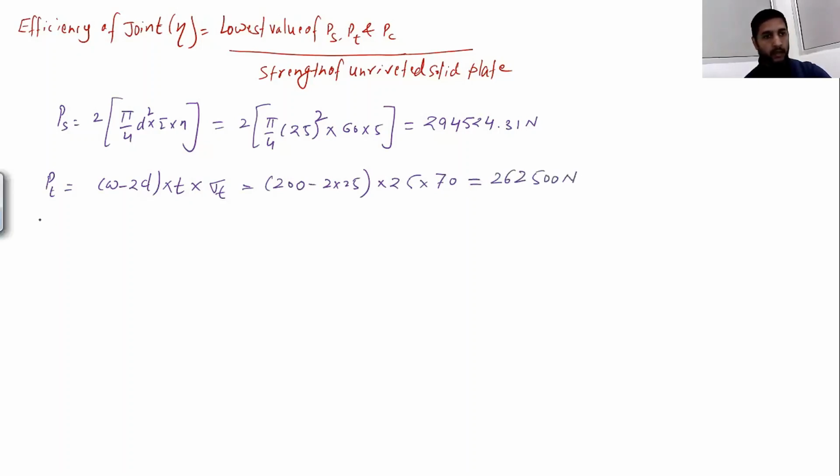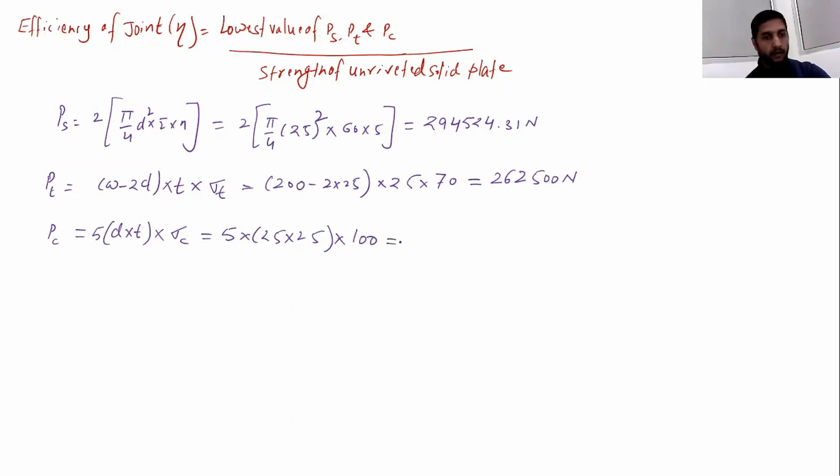And PC, that is crushing strength of the plate, और वो क्या आएगा? D into T, how many number of rivets are there? 5. 5 into D into T into sigma C. This will be the formula. तो इसमें आपका बन जाएगा 5 into 25 into 25 into 100.